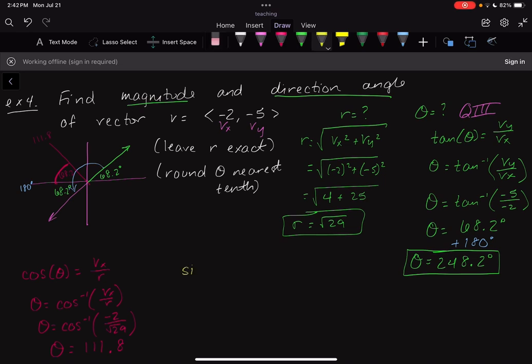I feel like that's kind of hard to remember to do, but that's what's happening. You could have also used sine for this one. That one's not too bad to work with. Oh, meant to put a y there. There we go. So this one would have given you -5 over root 29. This one would have given you an angle in quadrant 4. The answer it would have given is actually -68.2.